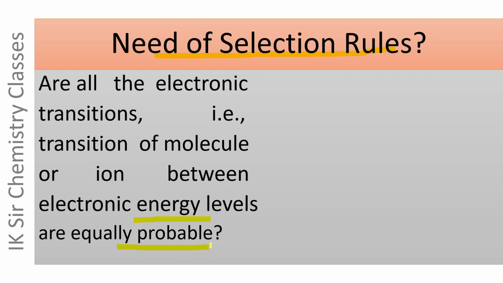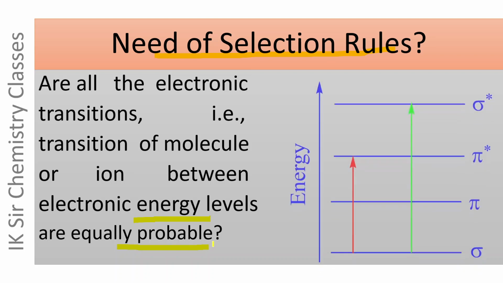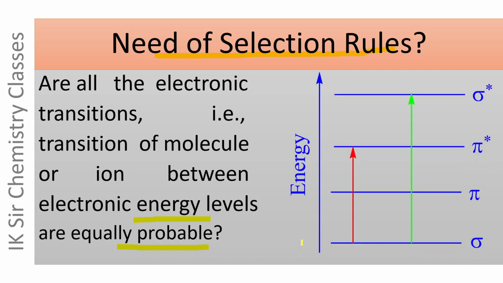Let us illustrate with an example. This is a typical molecular orbital energy level diagram of an alkene, such as ethene, which has sigma bonding and sigma anti-bonding MOs. At the same time, it also has pi bonding and pi anti-bonding MOs.